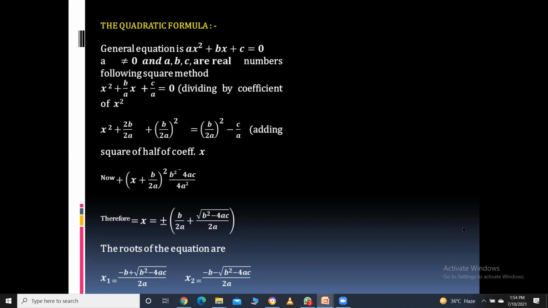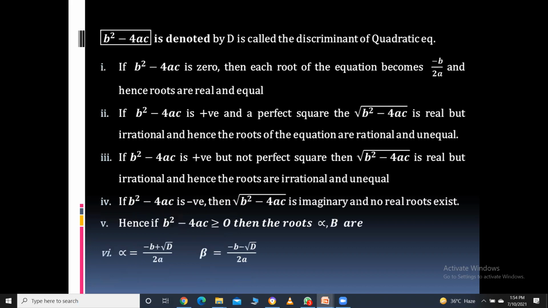Now solving this, the final roots of the equation come out to be x1 is equal to minus b plus under root of b square minus 4ac divided by 2a. On the other side, x2 comes out to be minus b minus under root of b square minus 4ac divided by 2a.